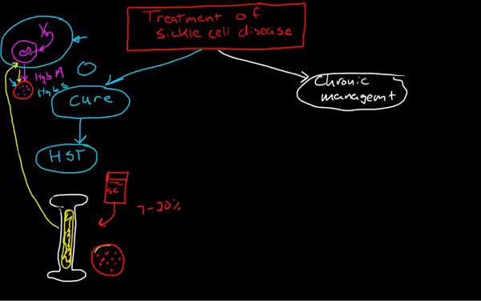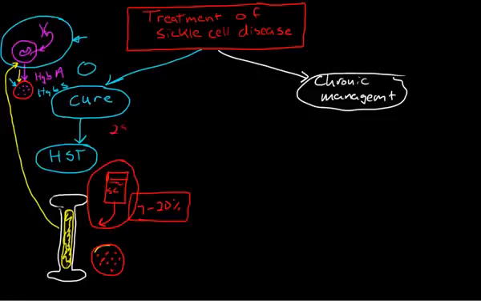Also, the white blood cells from the donor can attack the patient's entire body as non-self, and this is called graft-versus-host disease, which can also cause mortality. So this is something to consider very carefully, and it's only available to patients that have healthy siblings.